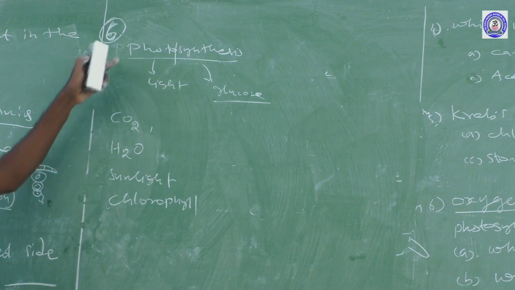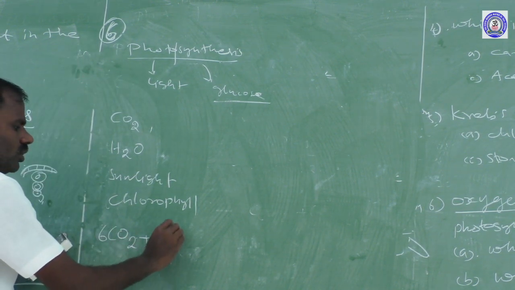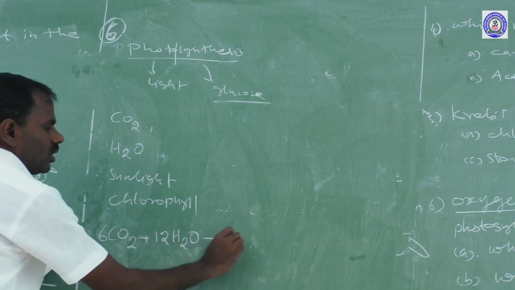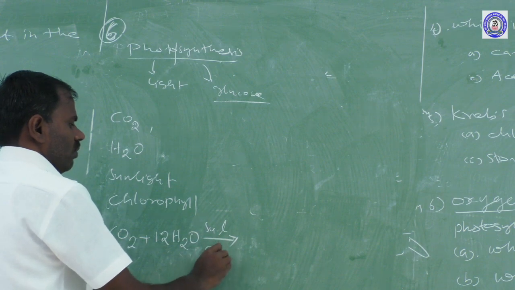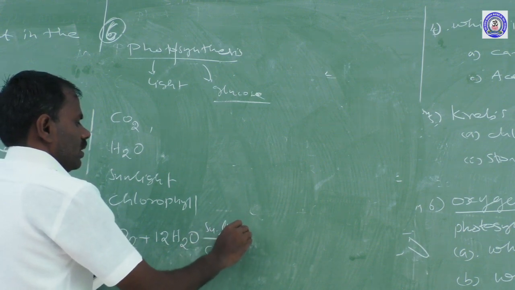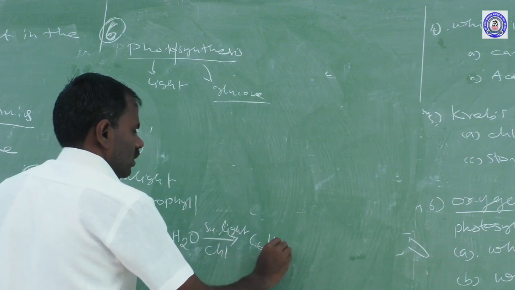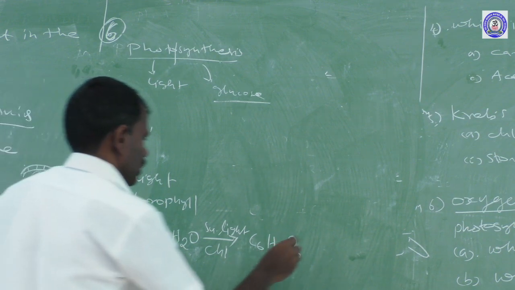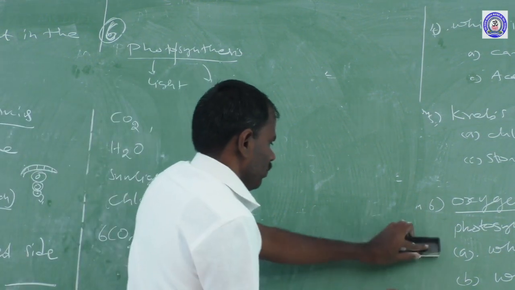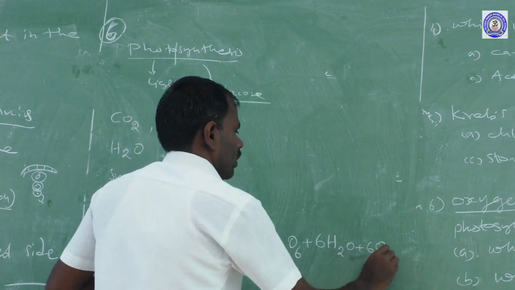The overall equation of photosynthesis: 6 moles of carbon dioxide plus 12 moles of H2O, with the help of sunlight and chlorophyll, form C6H12O6 plus 6 moles of H2O plus 6 moles of oxygen.